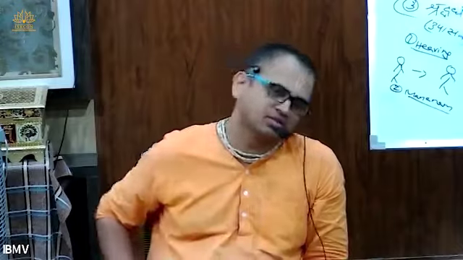So what is the main thing we are going to learn? There are 4 padas in total. In that, 3 are spiritual and 1 is material. The spiritual opulence is what?